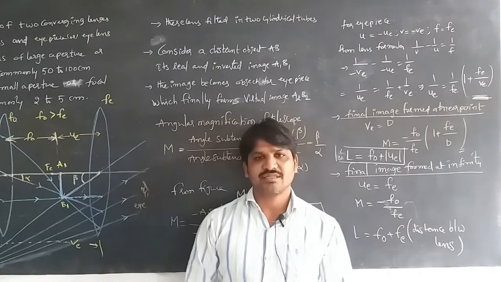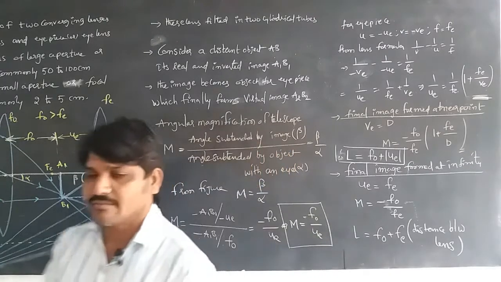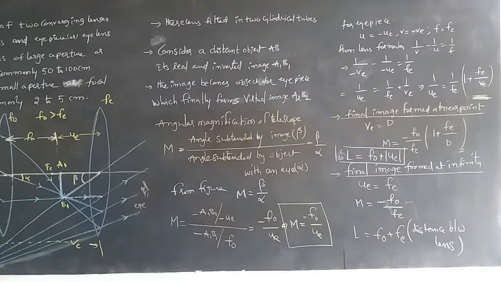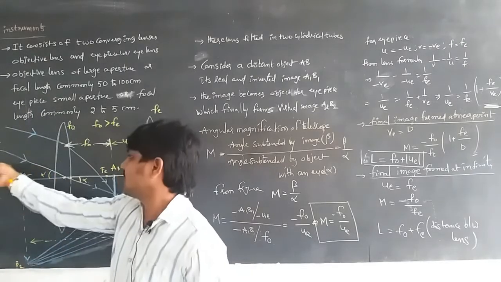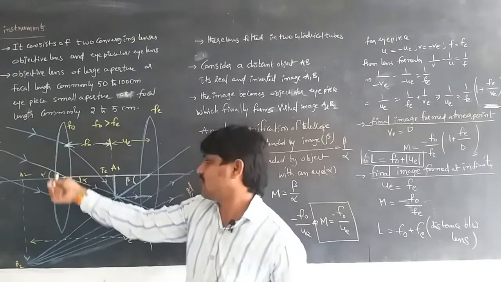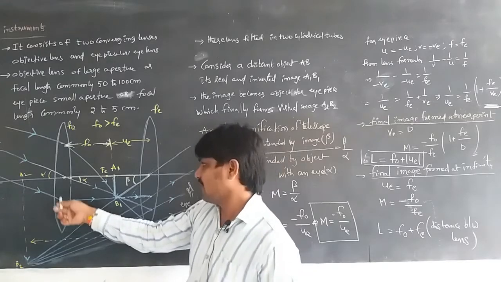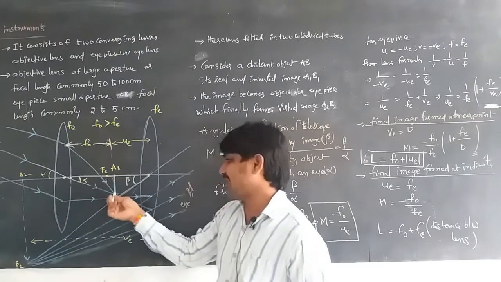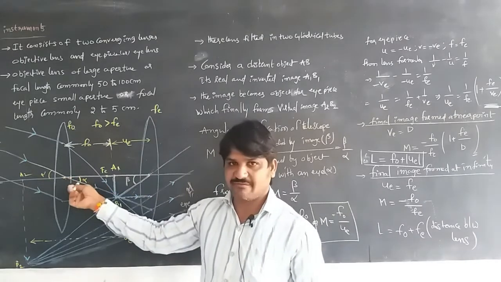By watching the diagram, we can see that AB is the far object. When the light rays are incident on the objective, a real and inverted image is formed at A1 B1, which subtends a visual angle of alpha.